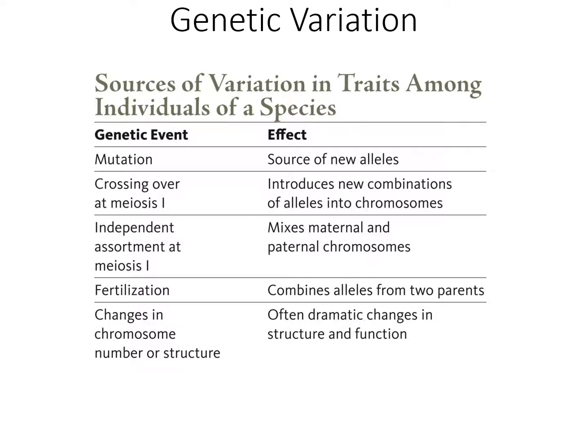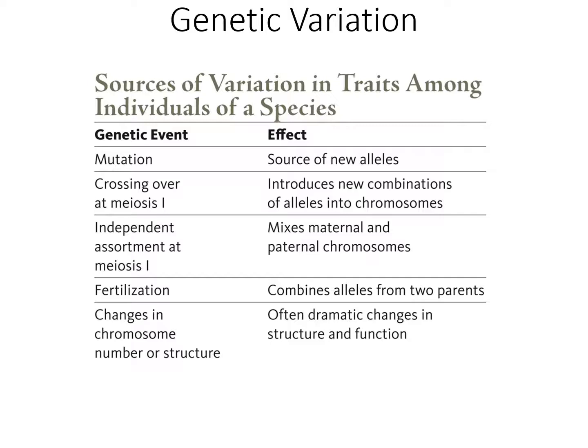For evolution by natural selection to occur, the very first requirement that was listed on the slide earlier is that there has to be some kind of variation within the population. Could be form, could be physiology, behavior, but there has to be some type of variation. And we know from semester 1 that one of the best ways to increase genetic diversity in a population is through the process of sexual reproduction.